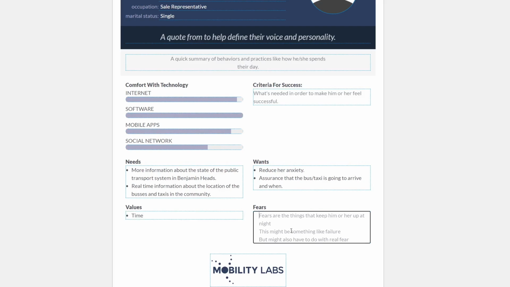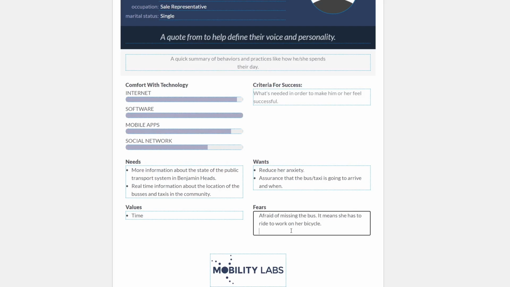What's she afraid of? She's afraid of missing the bus, because it means she has to ride to work on her bicycle, which means she might be late.